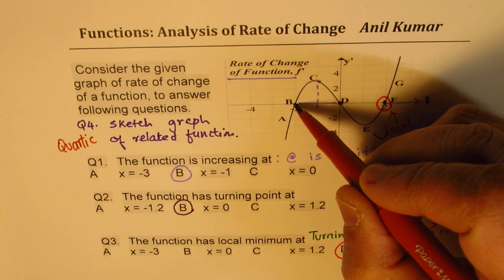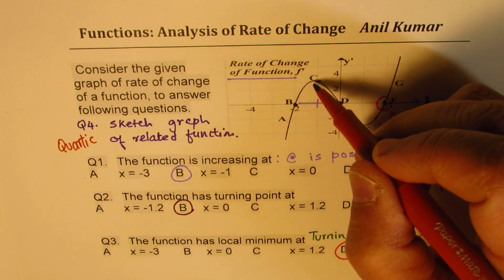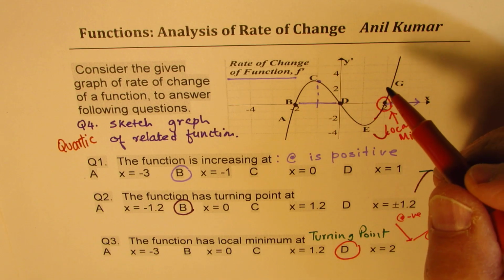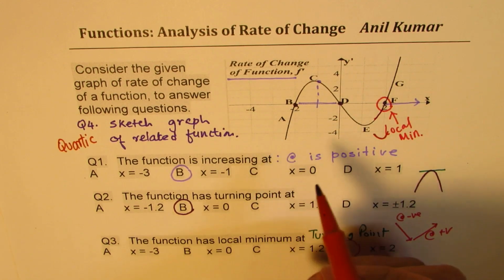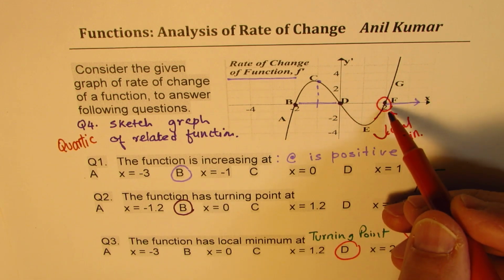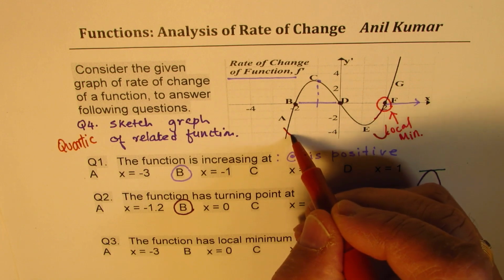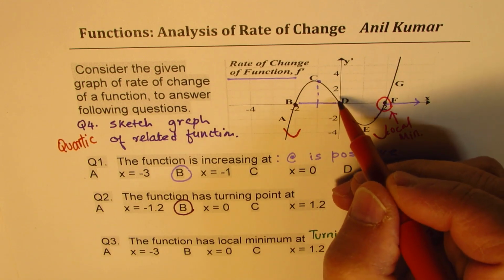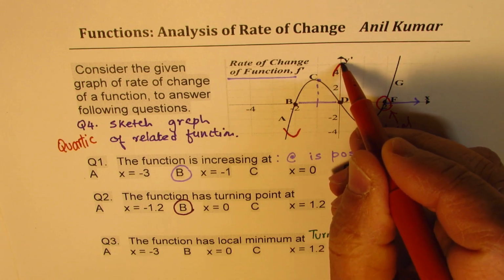In this particular case, it is going from negative to positive, so this is also a local minimum, right? So we'll take a local minimum here also. Here we are going from positive to negative, so that should be a local maximum, correct?